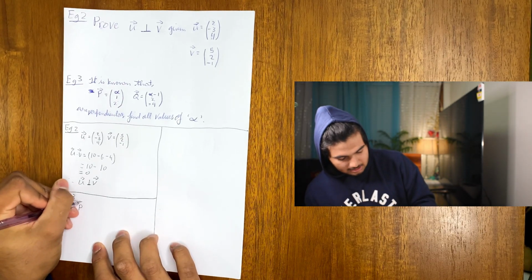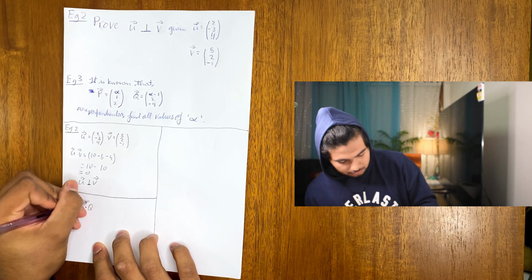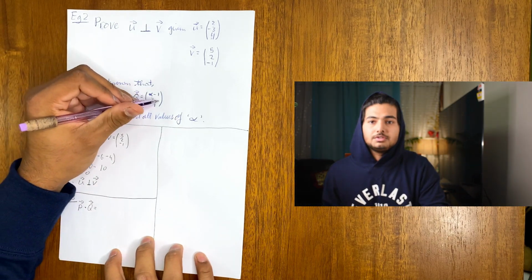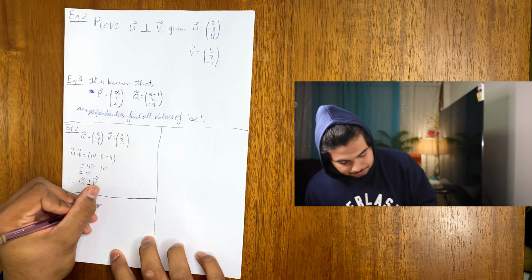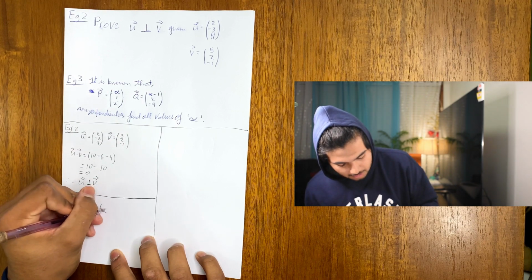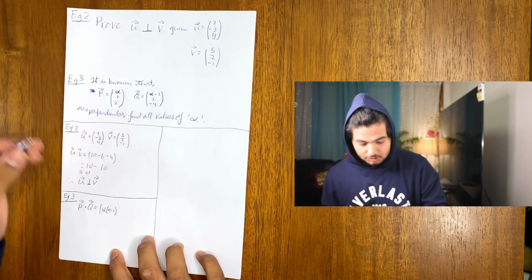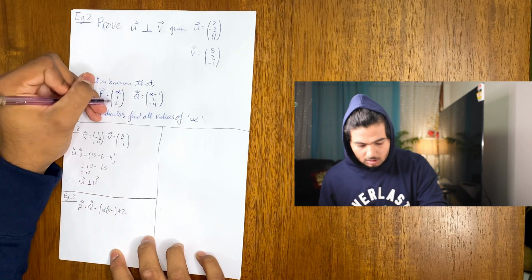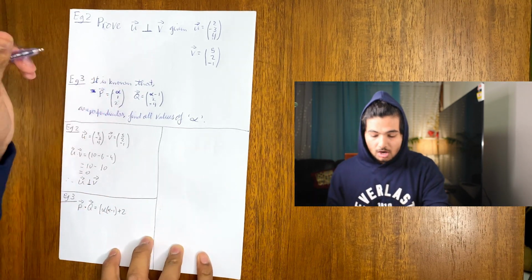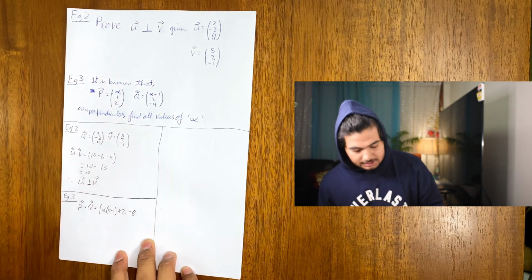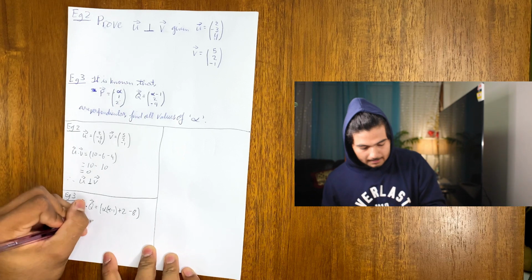So p dot q equals alpha multiplied by alpha minus 1, which will be alpha brackets alpha minus 1, plus 1 times 2, plus 2 times -4, which will be -8, minus 8 in this case.